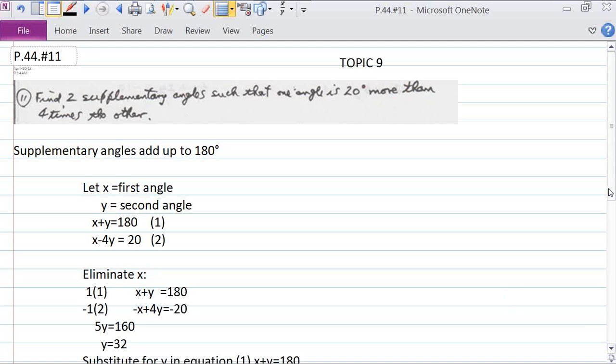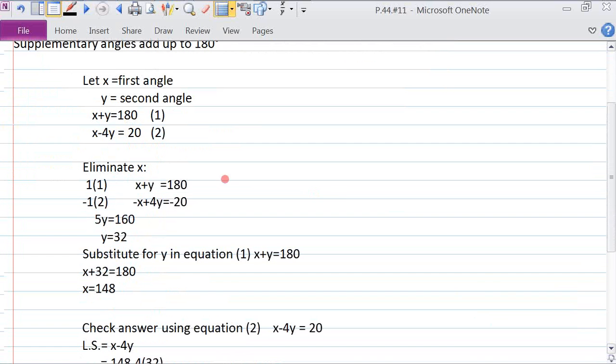So now what I'm going to do is eliminate the X variable, because obviously that's easiest to do here. I only have to multiply equation 2 by minus 1. I'm going to leave equation 1 exactly the same. I'm going to multiply each term here by minus 1.